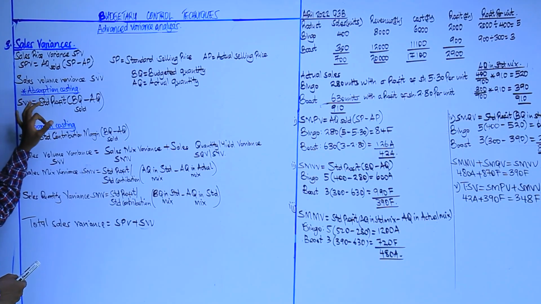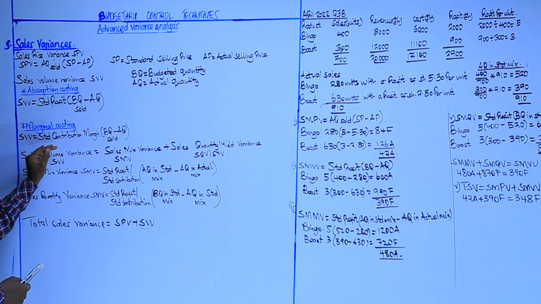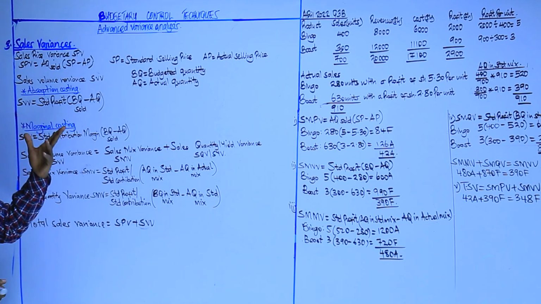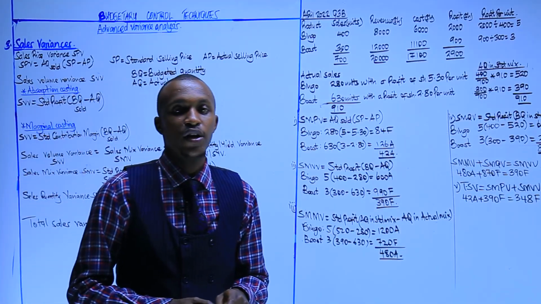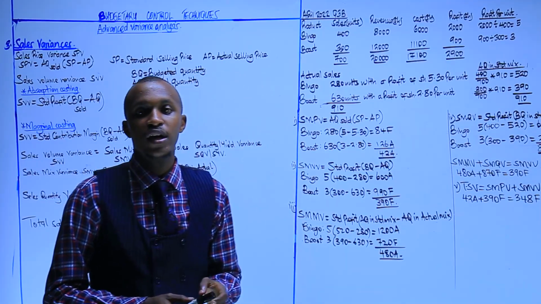Remember, I've told you, under normal circumstances, absorption you use profit to get your volume. And marginal you use your contribution. And remember, contribution is simply the difference between selling price per unit and your total variable cost.